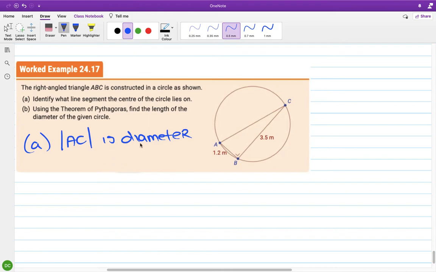Next it says, using the theorem of Pythagoras, find the length of the diameter of the given circle. So there's your right angle, and opposite your right angle is the hypotenuse. Like the questions before, it doesn't matter which of these two, so we call this one the opposite and this one the adjacent.